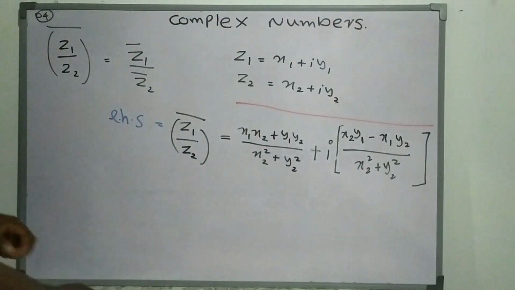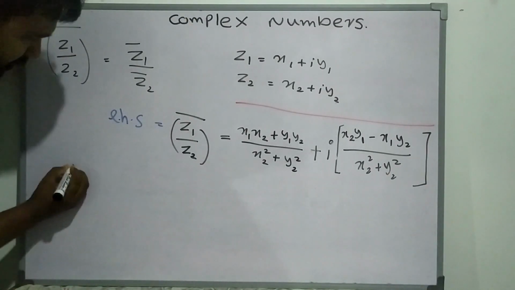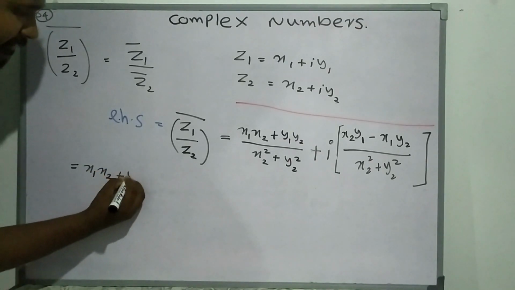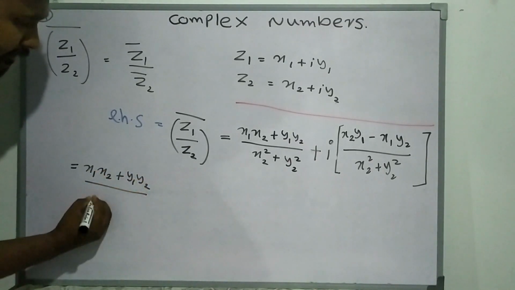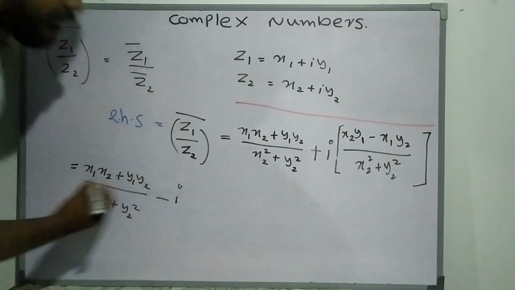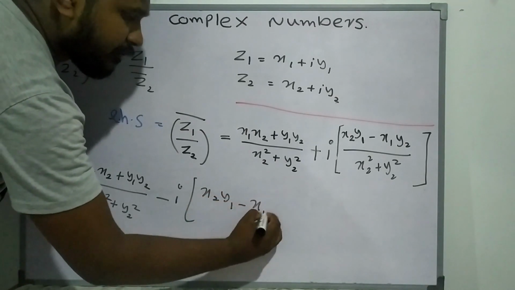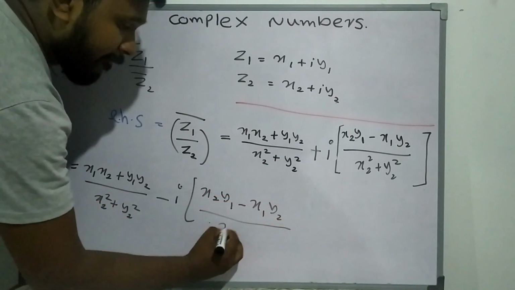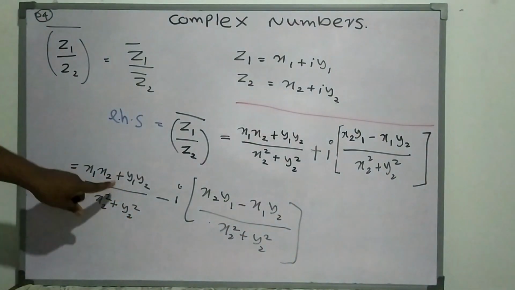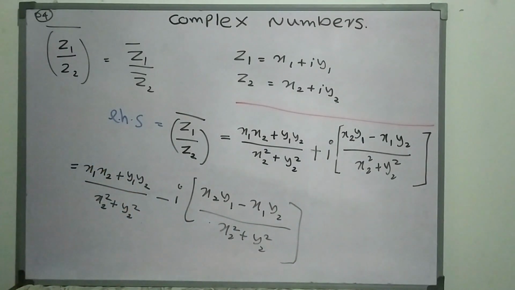To remove the conjugate sign, I'm writing here: (x1 x2 plus y1 y2) over (x2 squared plus y2 squared), minus i (x2 y1 minus x1 y2) over (x2 squared plus y2 squared). You can see again the denominators are the same.